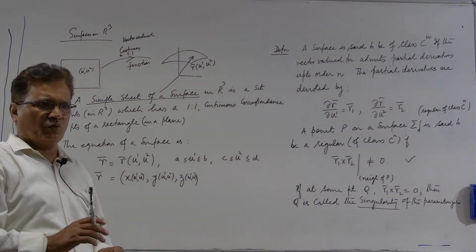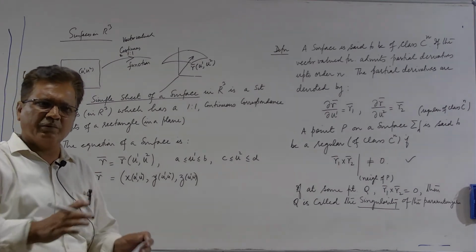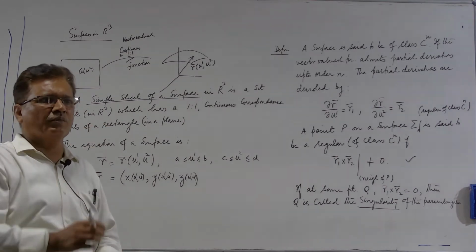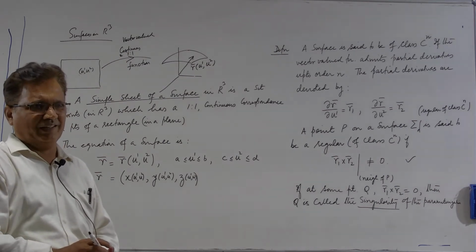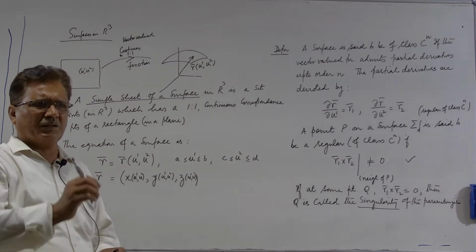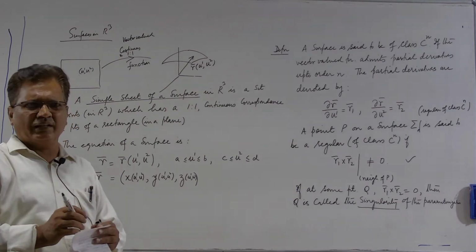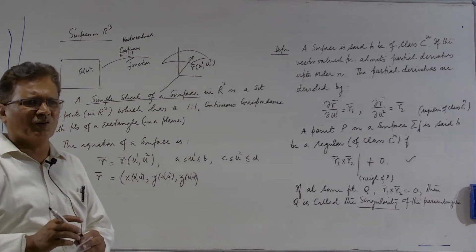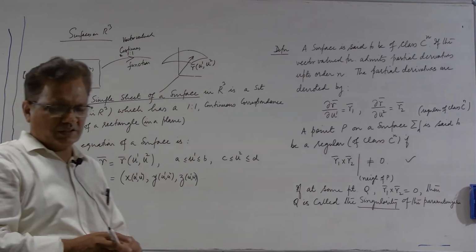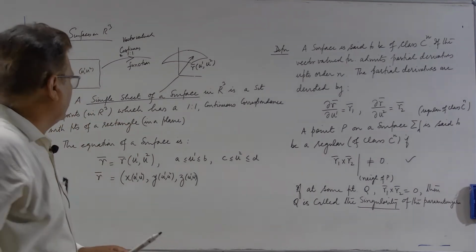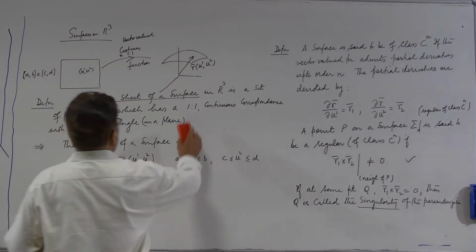So, we are demanding that we must be able to erect a normal at that point, because if there are edges and other such things, then you will not be able to erect a normal. This is the requirement for finding the normal, which I will talk about a little later.